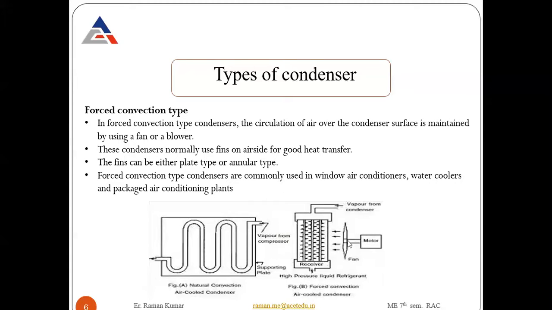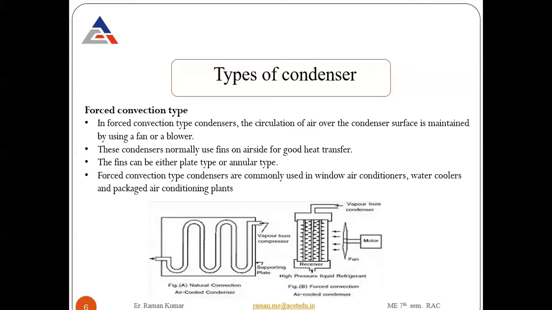So it will throw more air on the pipe, so more heat will be transferred to the surrounding. So in this case, the COP will be more in transferring the heat to the surrounding as compared to the natural convection type condenser.